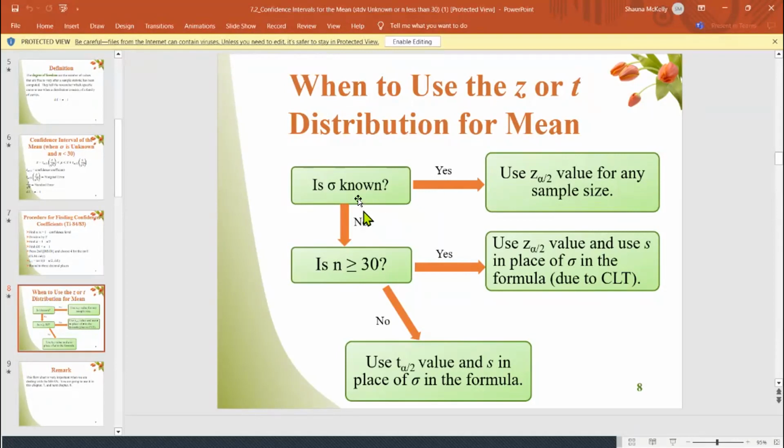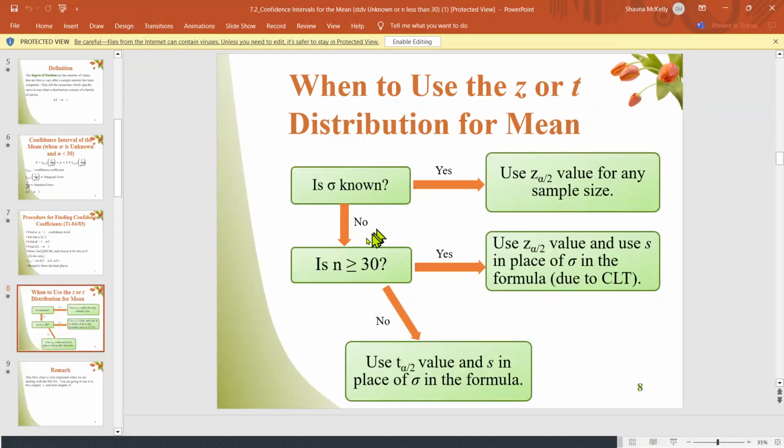Is sigma known? If it is not, is n greater than or equal to 30? If it's not, you use T and you use S, which is the sample standard deviation. That's why you need to know the difference, in place of sigma.